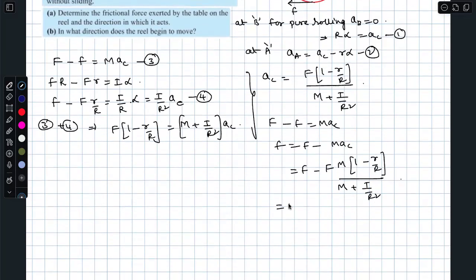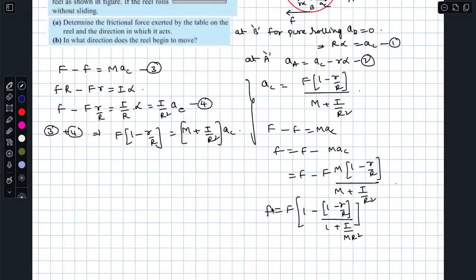If you take F common, 1 minus small r by capital R by 1 plus I by mr square. That's the relation. So I have given you f. If you have any doubt, you can please ask me.